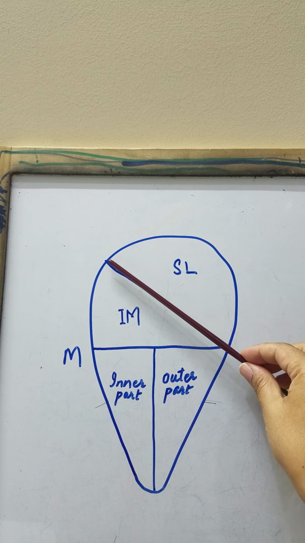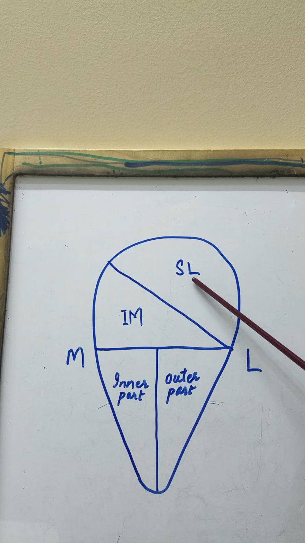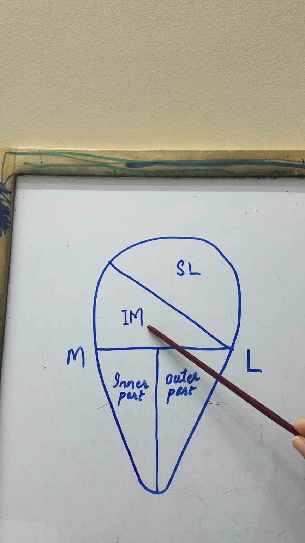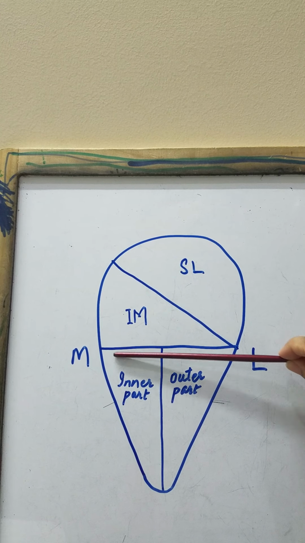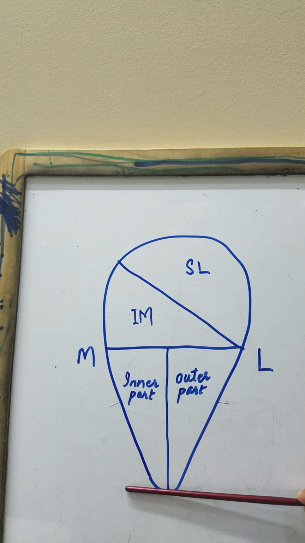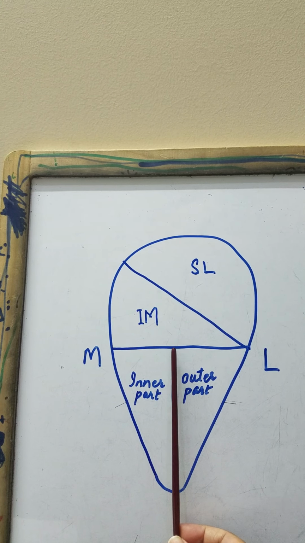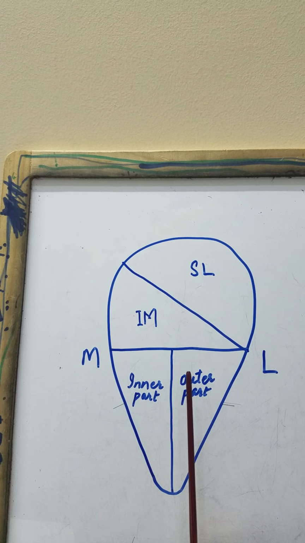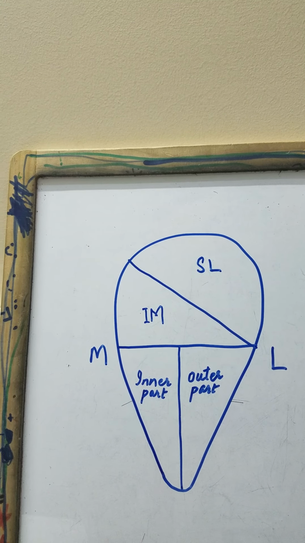So this would divide this half into an upper supralateral part and an inframedial part. Now the lower half of the ischial tuberosity is further divided into 2 parts by a longitudinal ridge. So this would have an outer part and an inner half.